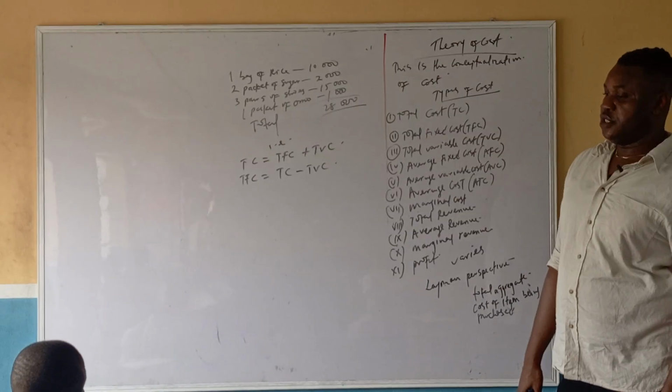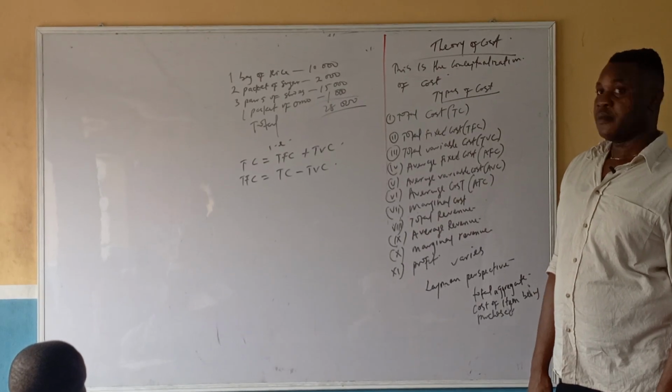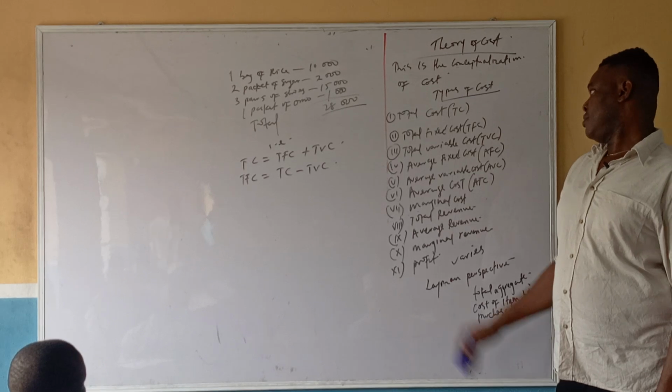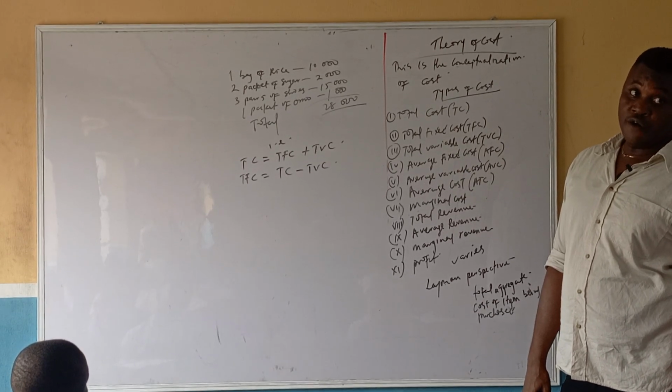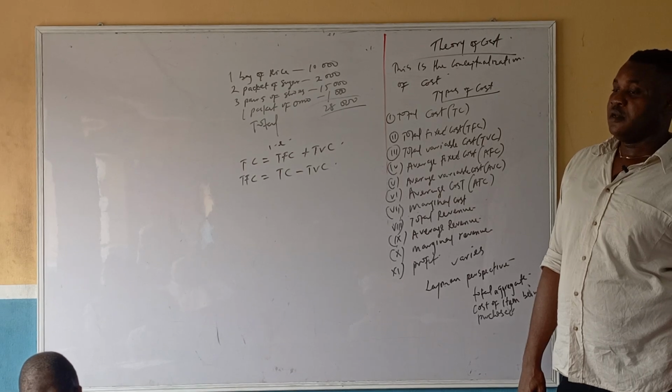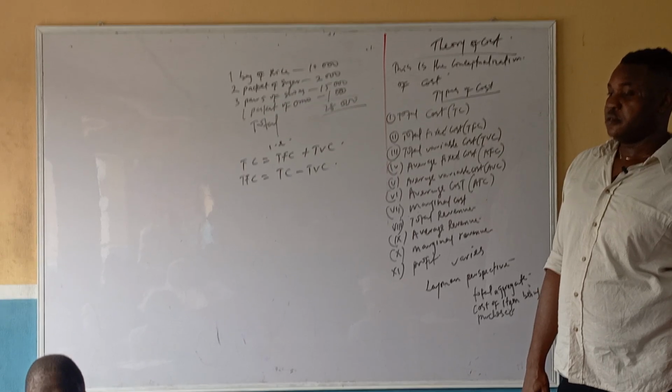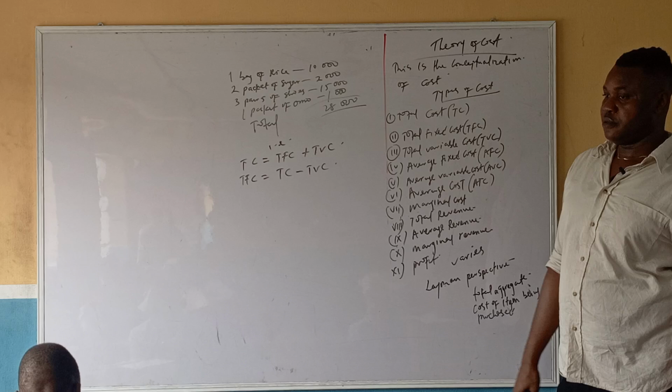Total variable cost: this is a cost that changes or varies as the quantity changes.